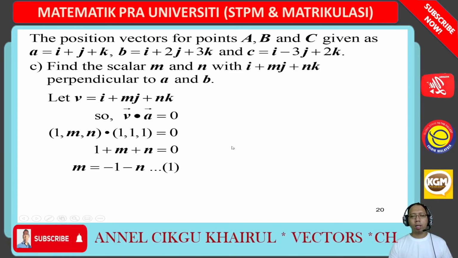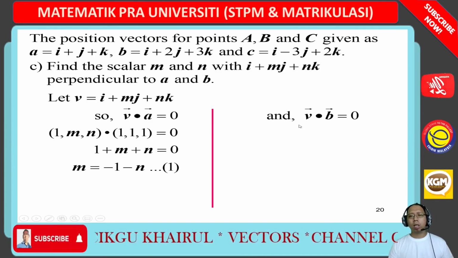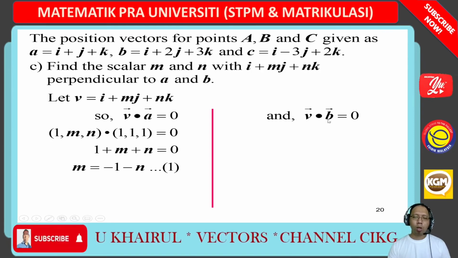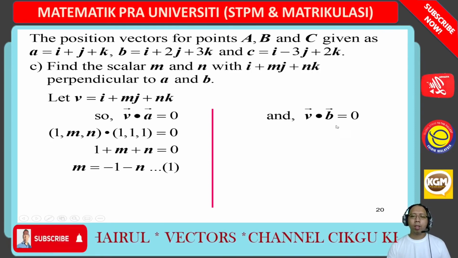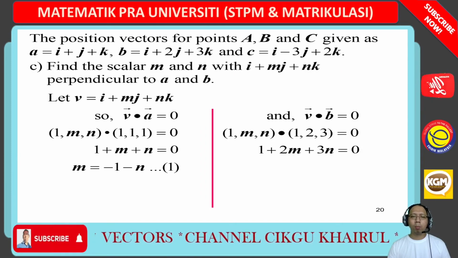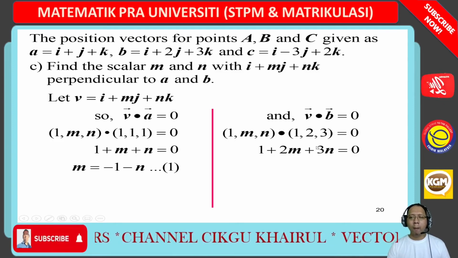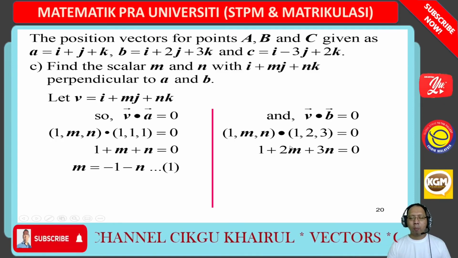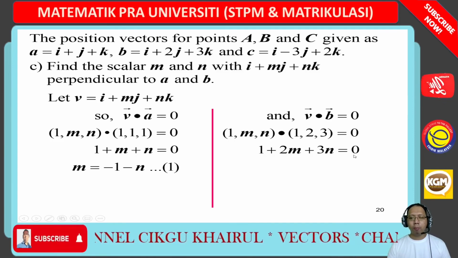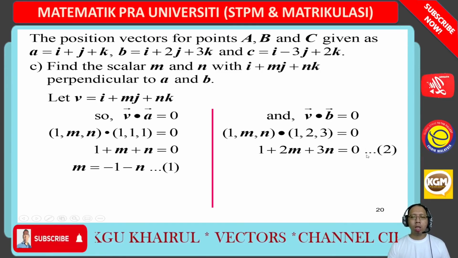Next, we find another equation using the second information, V dot B equal to 0. V equals i plus mj plus nk, and vector B is 1, 2, 3. Doing the dot product, 1 plus 2m plus 3n equals 0. This is the second equation.